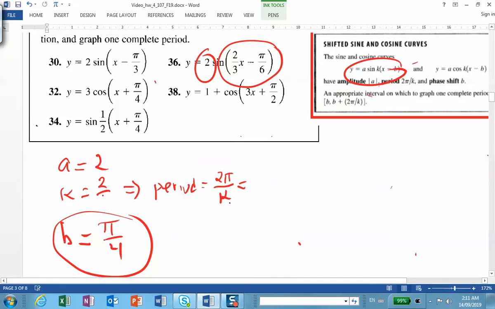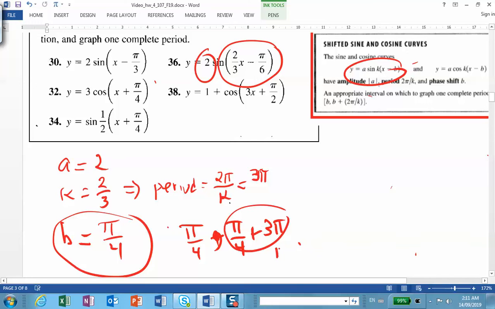So if you put it in there, you're going to get 2 pi over 2/3, and that's going to be 3 pi. Good. So the interval that we're going to plot this thing is going to be pi over 4, comma, pi over 4 plus 3 pi, which incidentally is 13 pi over 4.